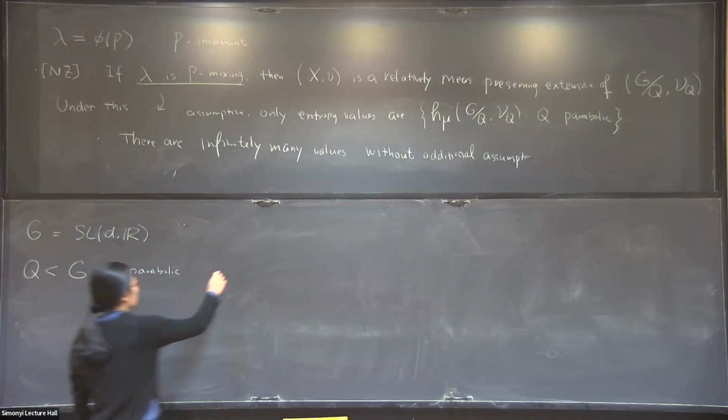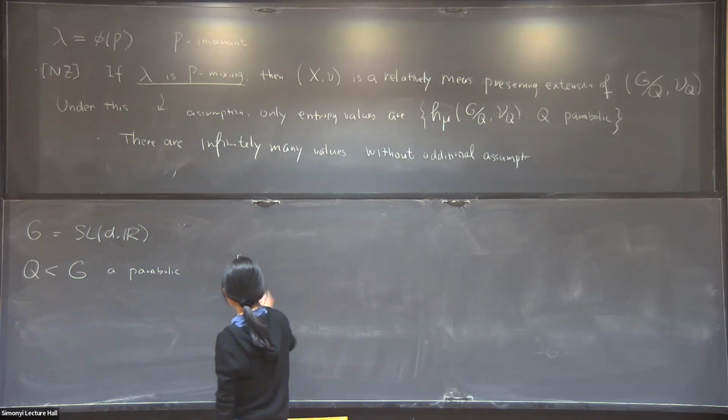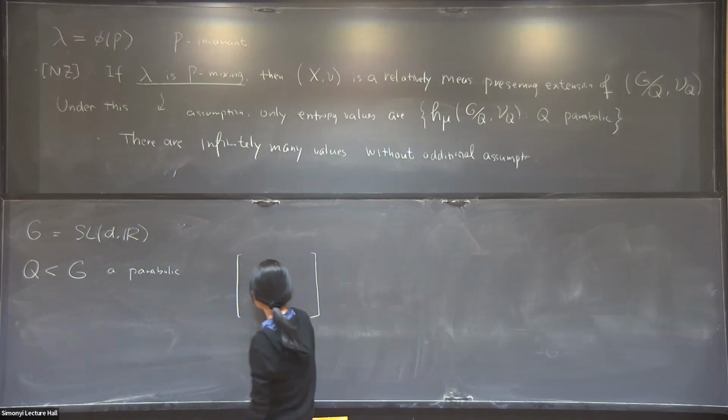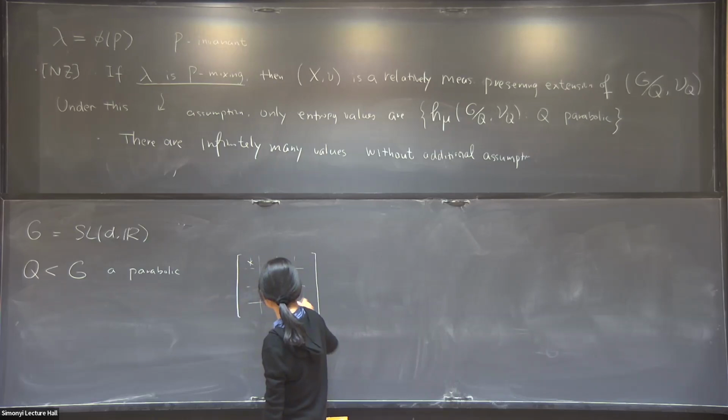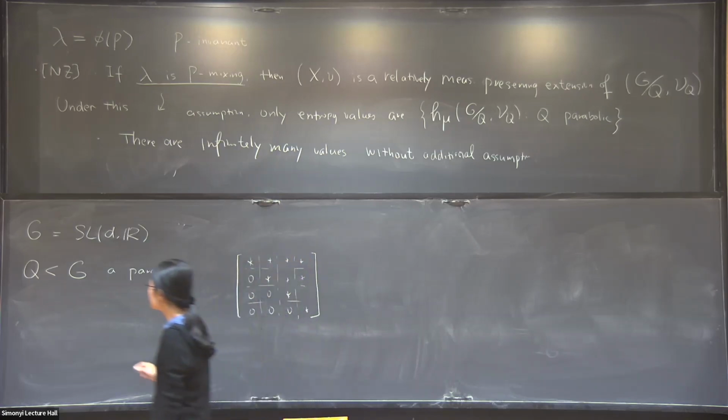But in matrix form, it looks like a block diagonal matrix. You have some blocks on the diagonal, and then this upper part. We just want to introduce a notation.